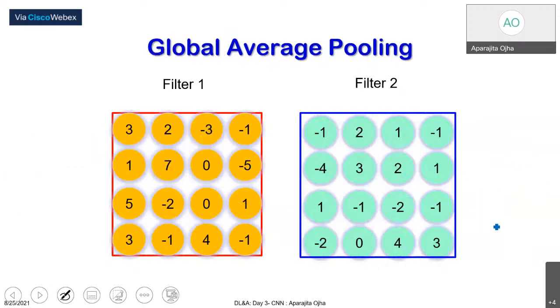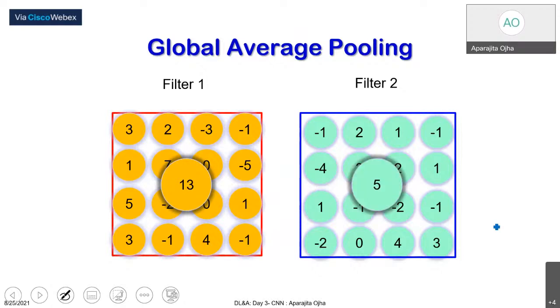And then there is something called global average pooling, which is very much used recently because it drastically reduces the dimension and also accelerates to some extent the training process. So here what we do, for each filter, you get an activation map. Suppose I am getting this 4 cross 4 activation map, I will take the average of the entire spatial domain, all the data.